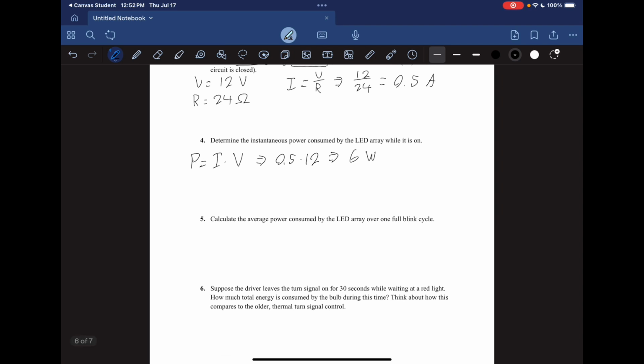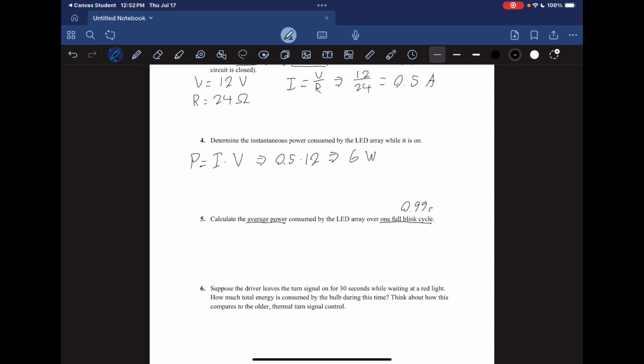Question 5 says calculate the average power consumed by the LED array over one full blink cycle. So key pieces of information here. We know that one full blink cycle is 0.99 seconds.